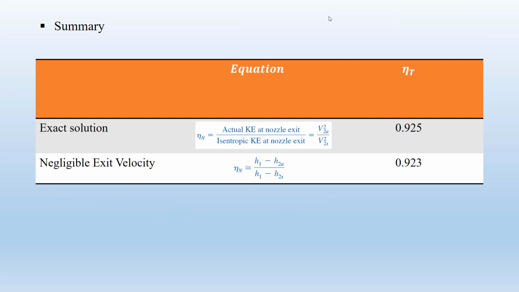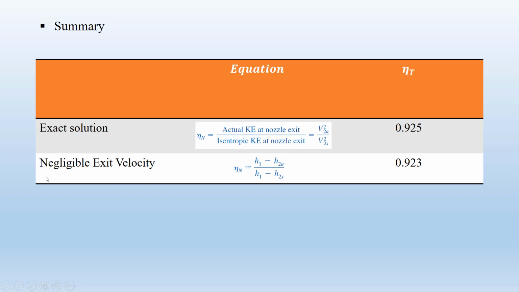This is the summary. Look, I used the exact solution by using the velocities to calculate the isentropic efficiency of the nozzle. It's the efficiency of nozzles, not turbine. And then the second method, we assume negligible inlet velocity.